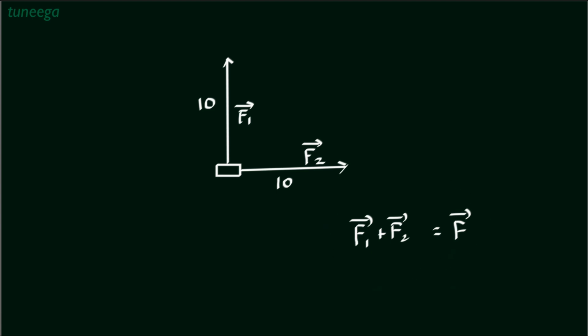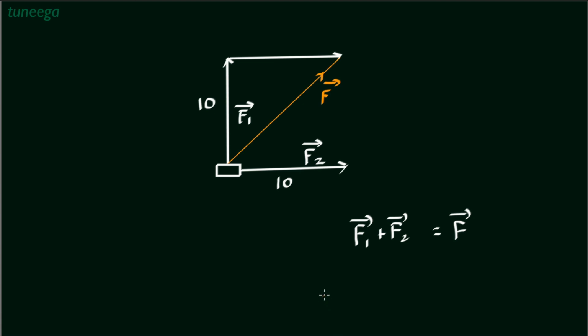How do I find the vector sum of these two forces? Slide one of the forces, it doesn't matter which one, until its tail is touching the tip of the first one. Join the tail of the first one to the tip of the second one. This yellow arrow is the resulting force F.